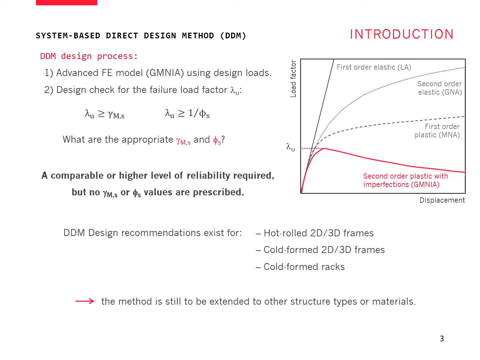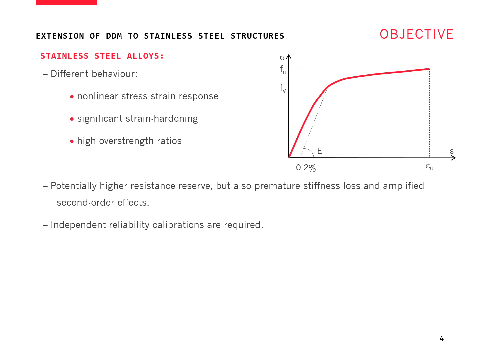To overcome this, research has focused on the development of design recommendations for hot-rolled and cold-formed structures under different loading conditions in the last few years, but the method is still to be extended to other structural types or materials such as stainless steel.